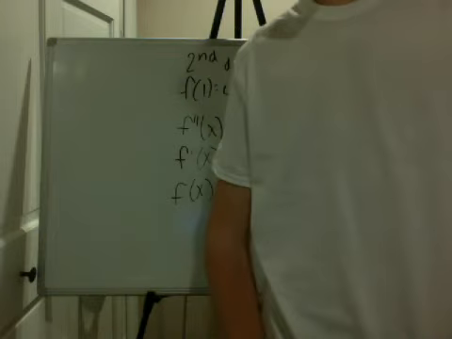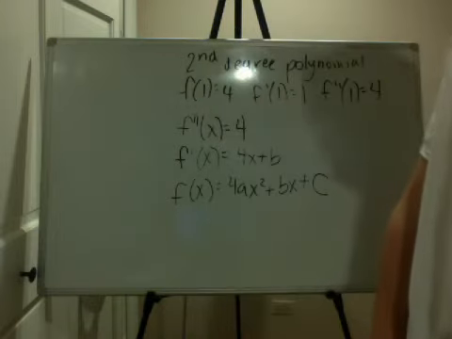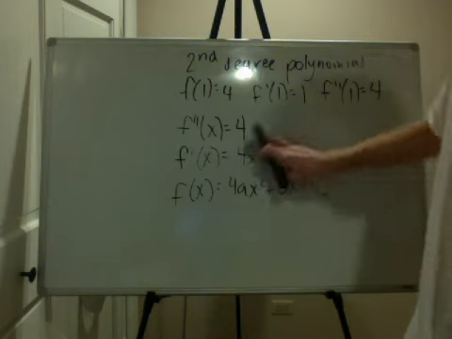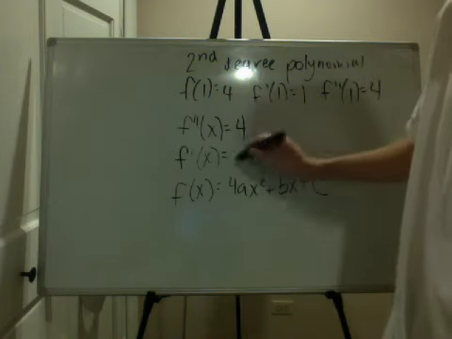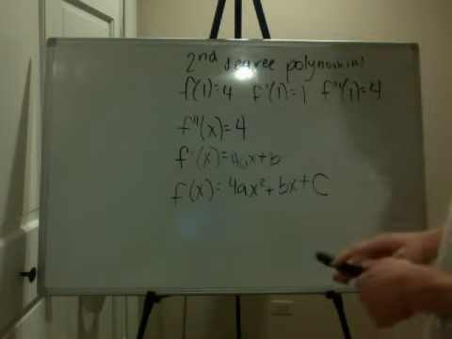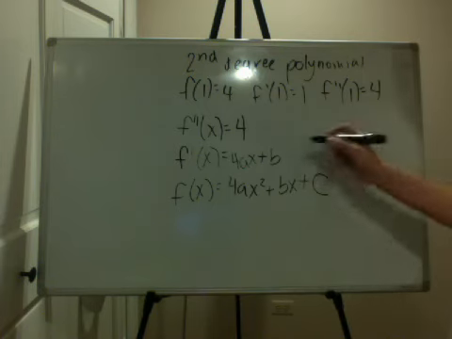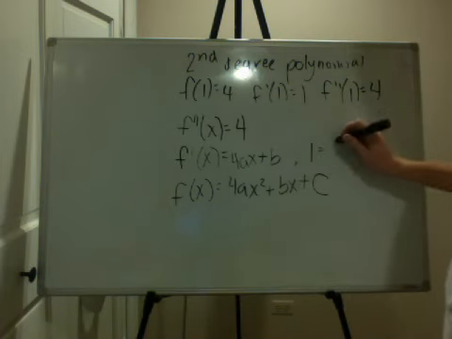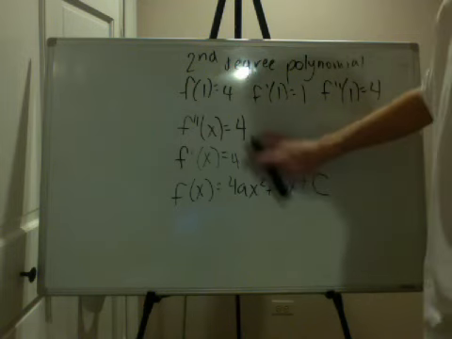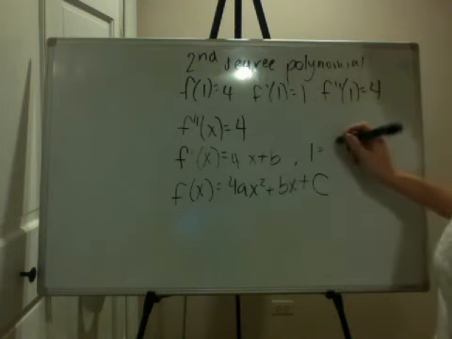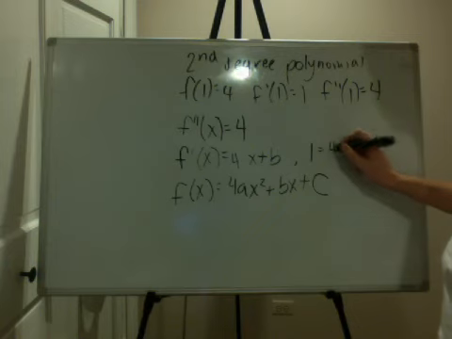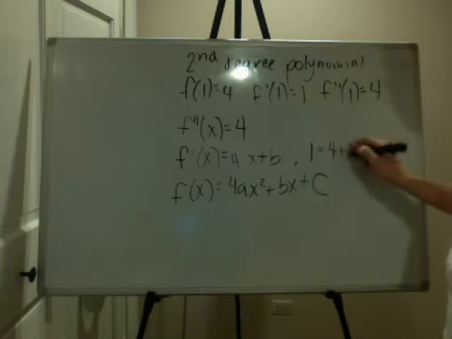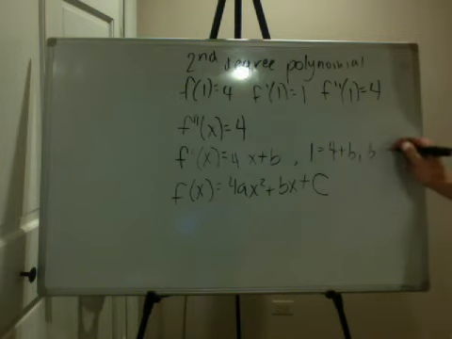Now it's time to plug in, knowing the knowledge that we have, plug in what we got and see if we can find out what a, b, and c are. Okay, so if f prime of 1 is 1, then 1 equals 4, because you plug in 1, plus b equals -3.